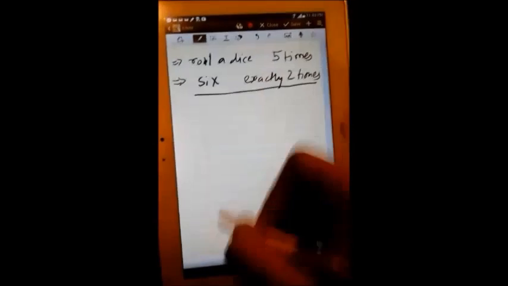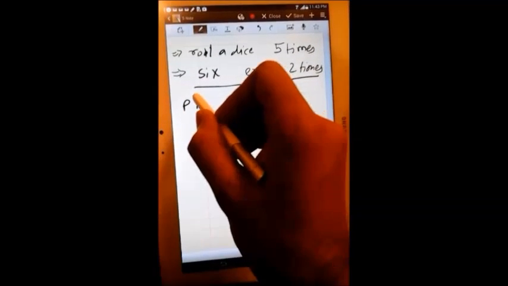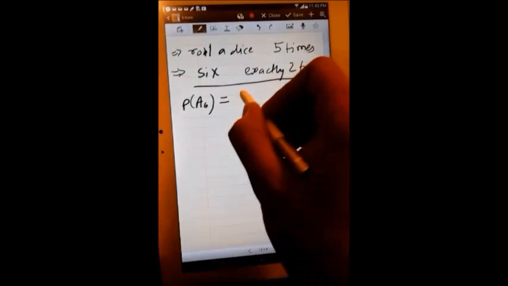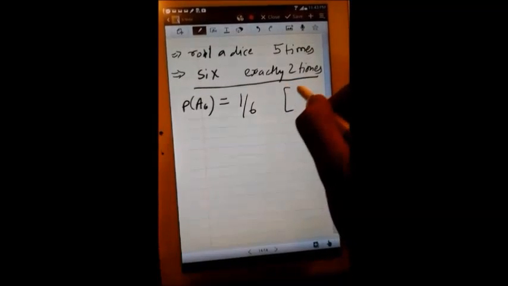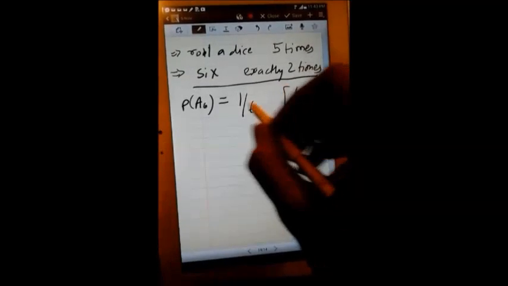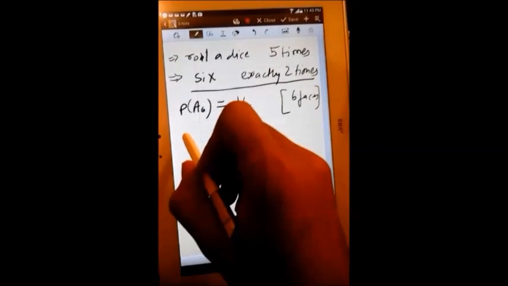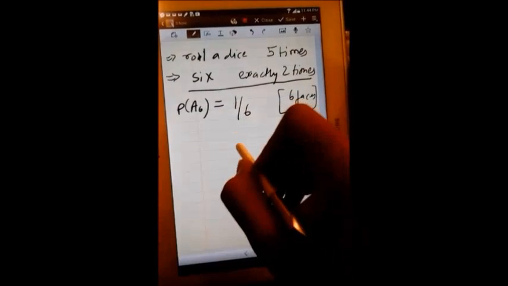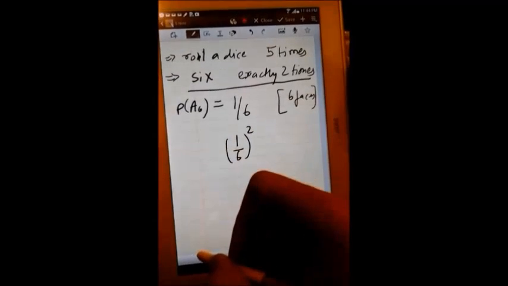In order to solve this, the probability of occurrence of the event A, that we get 6, is given as 1 by 6, because the dice has 6 faces and the probability of occurrence of each face is 1 by 6. Therefore, this event occurs twice, and therefore its probability is 1 by 6 raised to 2.